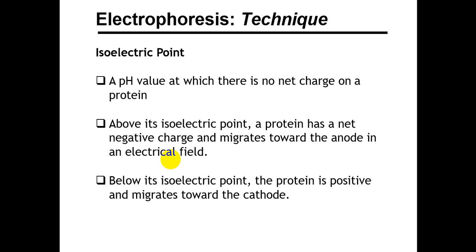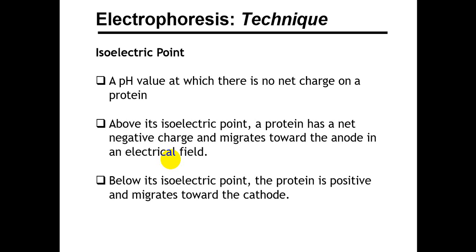Above its isoelectric point, meaning anything above a pH of 7, is negative, because basic pH is negative. That's negative due to what? The hydroxide ion, or the formation of what? A conjugate base.